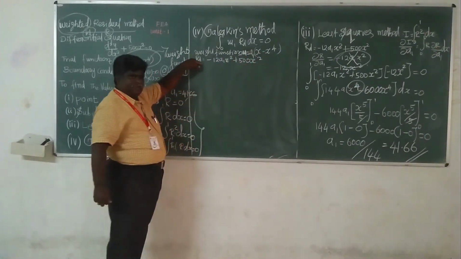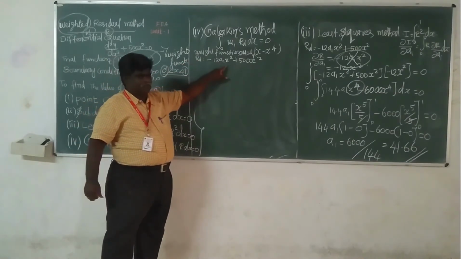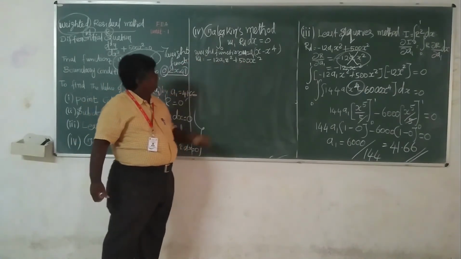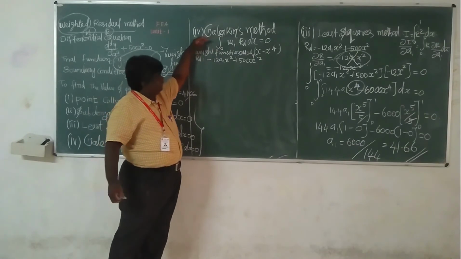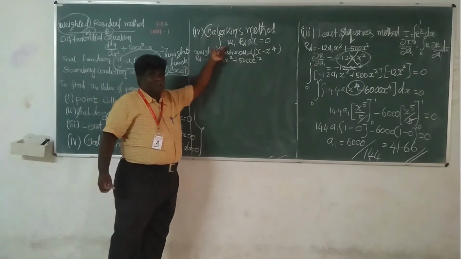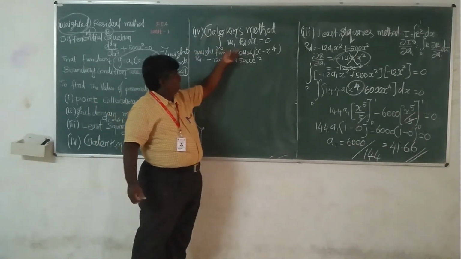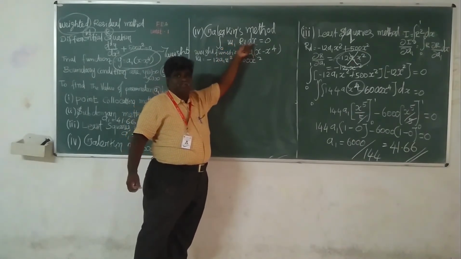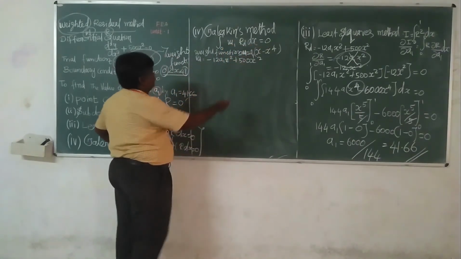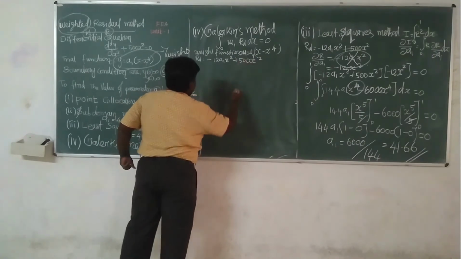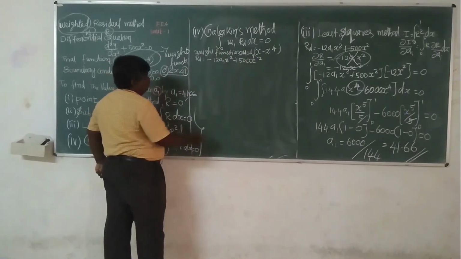The residual we already determined: minus 12 a1 x square plus 500 x square. Based on the Galerkin approach, the integral with limit 0 to 1 of weight function into residual dx equal to 0. So substitute this weight function and residual in this Galerkin approach.